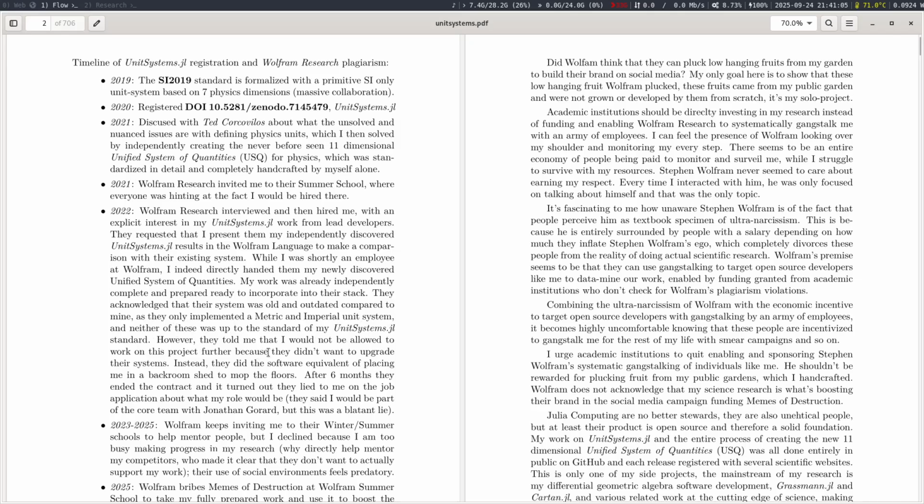However, they told me that I would not be allowed to work on this project further because they didn't want to upgrade their systems. Instead, they did the software equivalent of placing me in a backroom shed to mop the floors. This is not literal, it's just a figure of speech. After 6 months, they ended the contract, and it turned out that they lied to me on the job application about what my role would be.